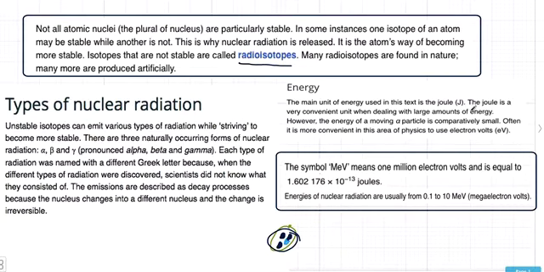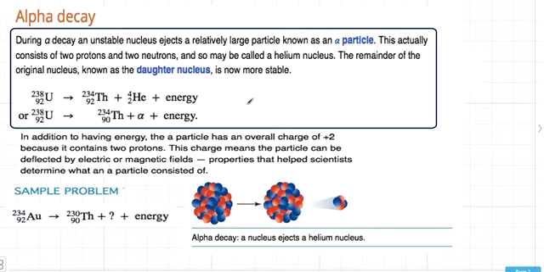That's the notation. The mega electron volt is 1 million electron volts and is equal to 1.602176 by 10 to the negative 13 joules. And when we talk about nuclear radiation, usually we have energy between 0.1 to 10 mega electron volts released.